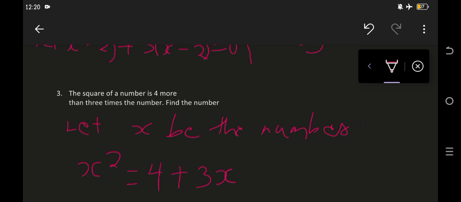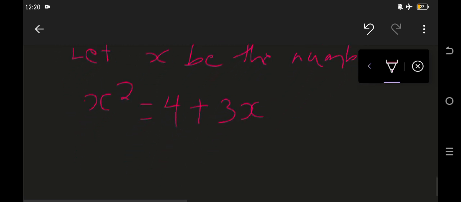Now from that, I hope we can all see that we can come up with the quadratic equation from this information. That will be x squared minus 3x minus 4 is equal to 0. Now let us proceed to find the number x.